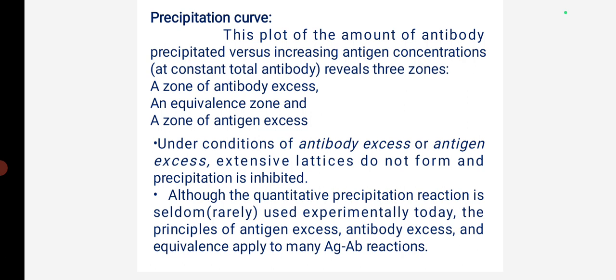Whenever antigen and antibody concentrations are near equivalence, there is no inhibition and precipitation occurs. Although the quantitative precipitation reaction is rarely used experimentally today, the principles of antigen excess, antibody excess and equivalence apply to many antigen antibody reactions.